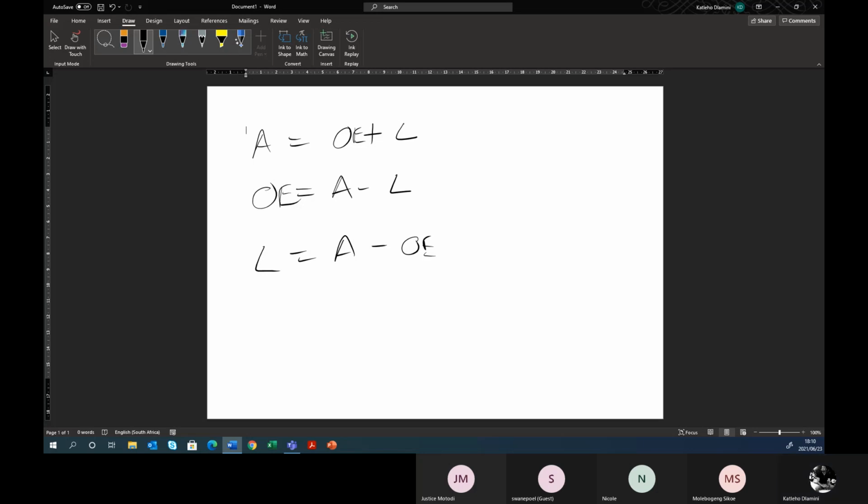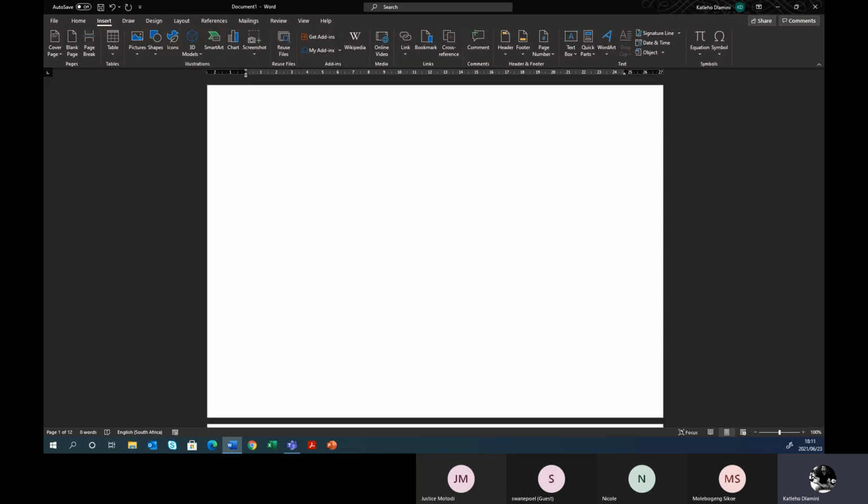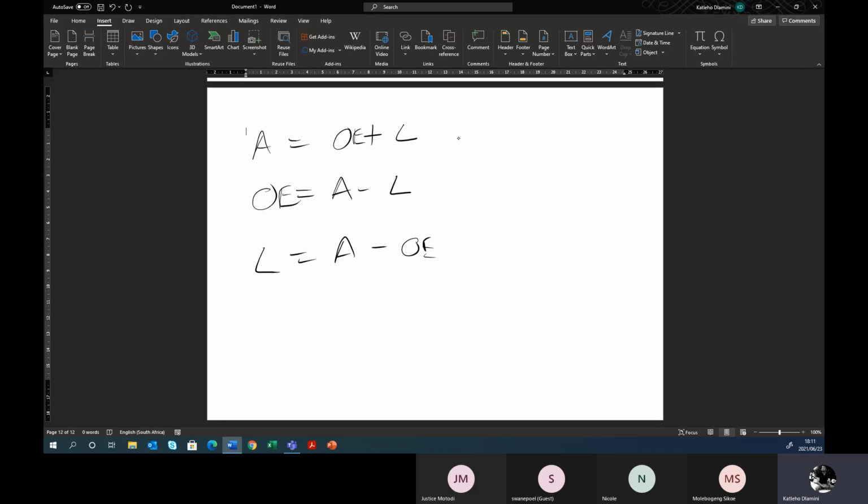Okay. So that's the accounting equation, but it doesn't go into detail. Another thing I'd like to make you aware of: if I go back down to the accounting equation, you'll see this is a statement of financial position. You will have your non-current assets and your current assets, and you'll add these up to get your total assets.